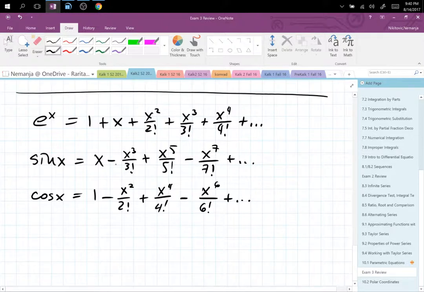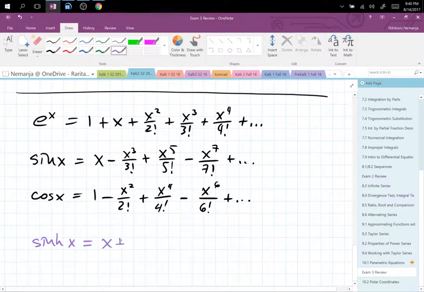Now, a little bit more advanced over here, but it's actually still easy, is to remember sine hyperbolic x and cosine hyperbolic x, which you are going to run into in differential equations. Guys, these are the same power series except they have only pluses throughout. So hyperbolic, you literally write the sine again and just put plus everywhere.